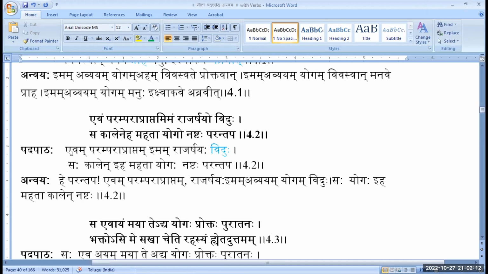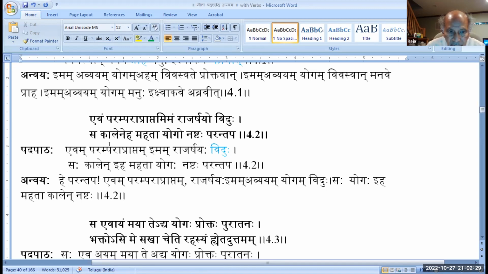I'm breaking here: evam parampara praptam imam rajarshayaha viduhu saha kalena iha mahata yogaha nastaha parantapaha. It says yogo nasta, nastaha parantapa.